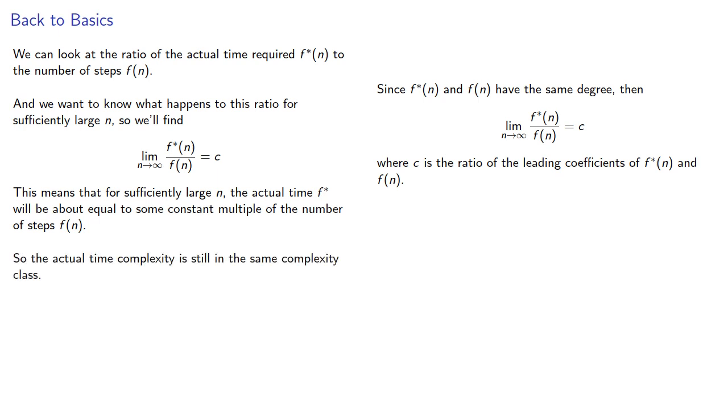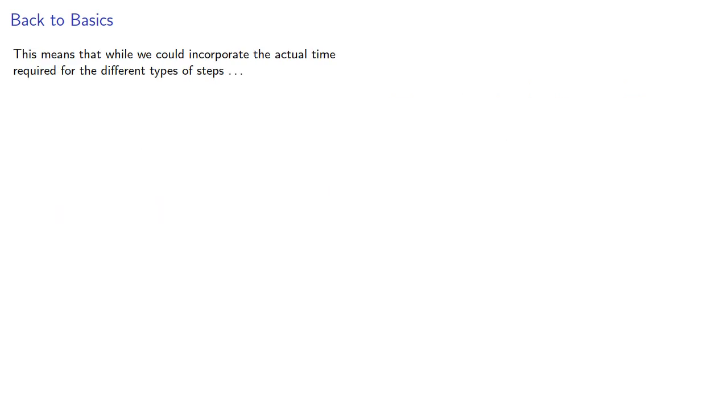And so the actual time complexity is still in the same complexity class. And what this means is that while we could incorporate the actual time required for the different types of steps, it's not worth the extra effort, unless it is. Well, it generally isn't, but eventually we might care.